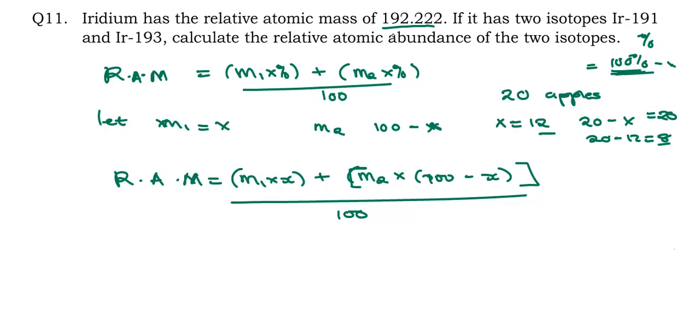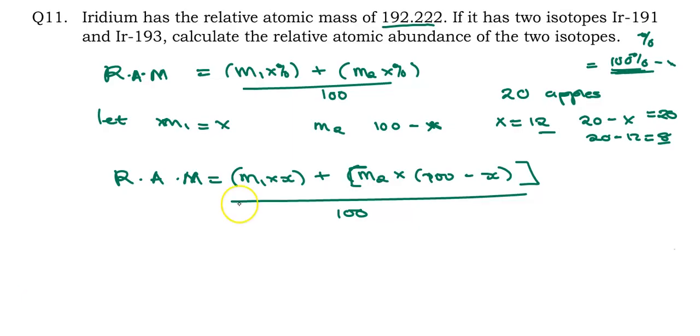What remains now is to replace the given values. Our M1 is the first isotope, 191. Then our M2 is the second isotope of iridium, which is 193. So we replace the given values.